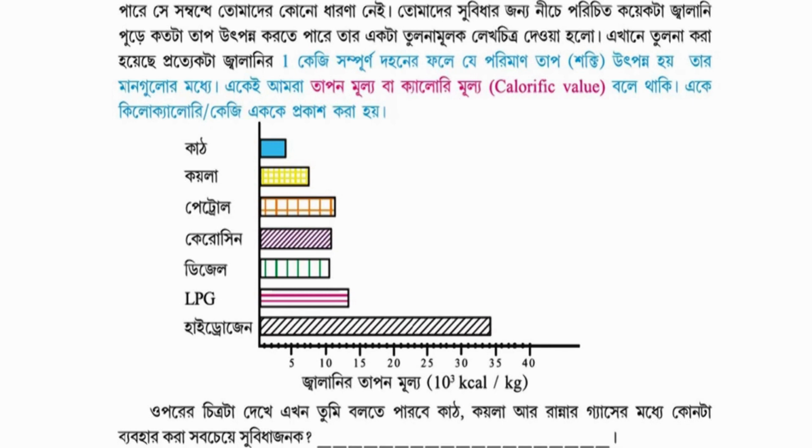LPG contains butane, which is another organic compound. If you burn all of these organic compounds in the presence of oxygen, carbon dioxide is produced, and we are badly trying to decrease the amount of carbon dioxide in order to lower the greenhouse effect. You know what the greenhouse effect is? You have heard about it.